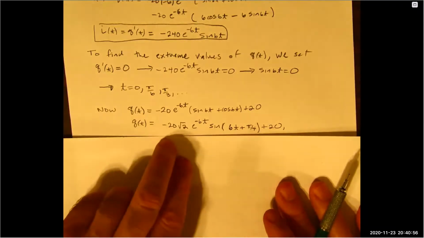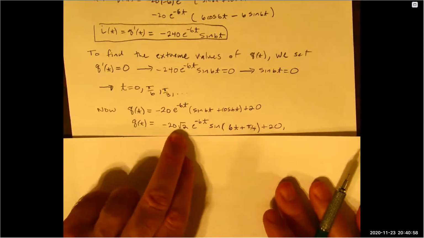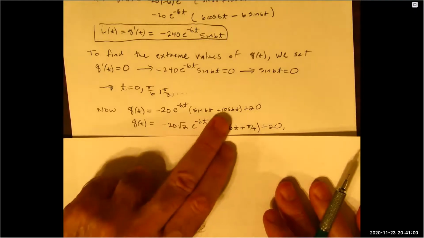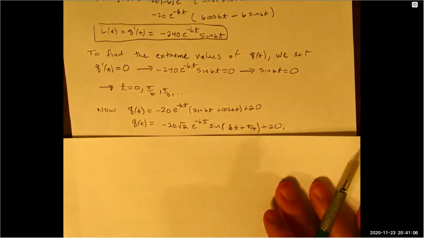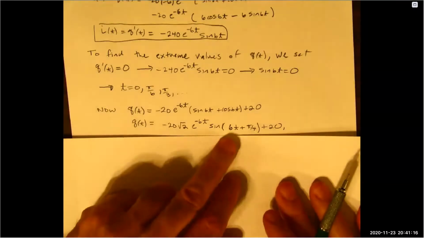The root 2 was found because C1 and C2 are both 1, so the root 2 is just the square root of 1 squared plus 1 squared. And then setting the tangent of phi equal to 1, we get the phase angle of pi over 4.